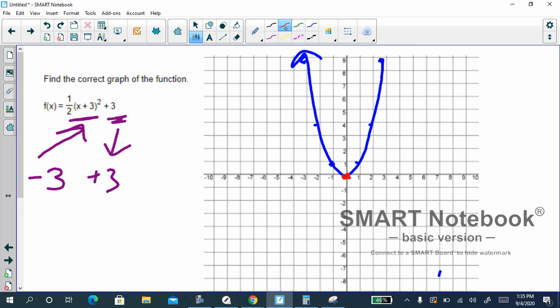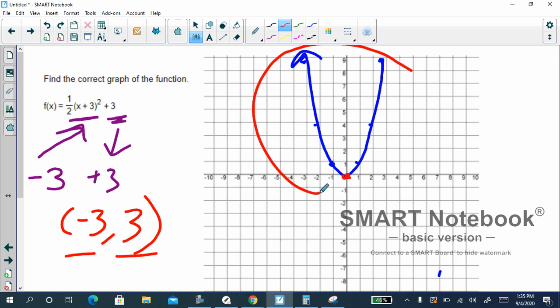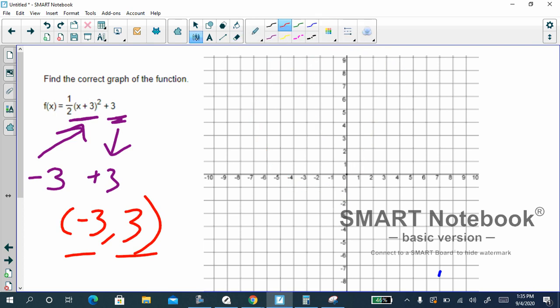So imagine we take our vertex and move it to the left 3, up 3, then our new vertex would be negative 3, positive 3. To the left 3, up 3. So that's where our vertex is going to be located. So let's plot that, negative 3, positive 3.